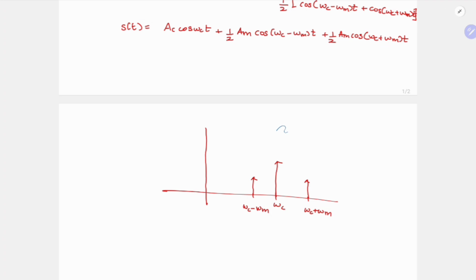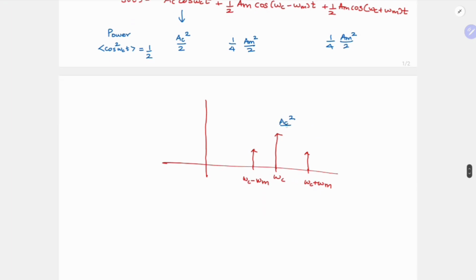So if we are to write in terms of power, what will be this power? The power of cos or sine omega_c t whole square is equal to half. So this will be A_C square by 2, and this will be 1 by 4 A_M square by 2, and this is again 1 by 4 A_M square by 2.